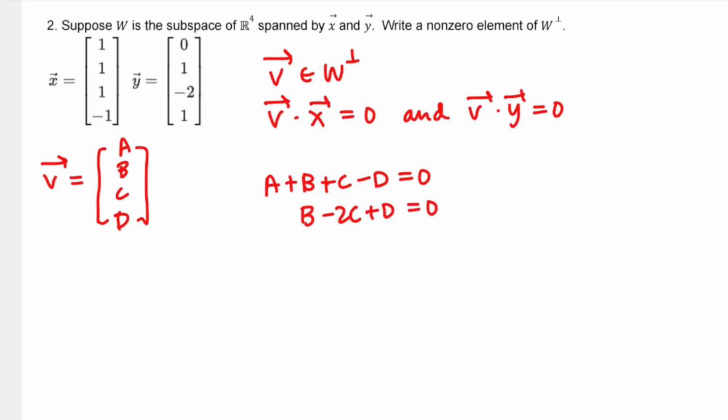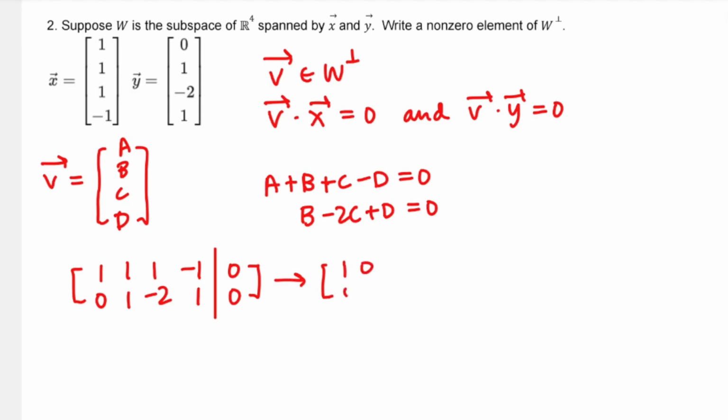This is a linear system of equations. I can solve this with some row reduction. I'm sure there might be a faster way to do this, but I'm going to subtract the second row from the first. Row 1 minus row 2.